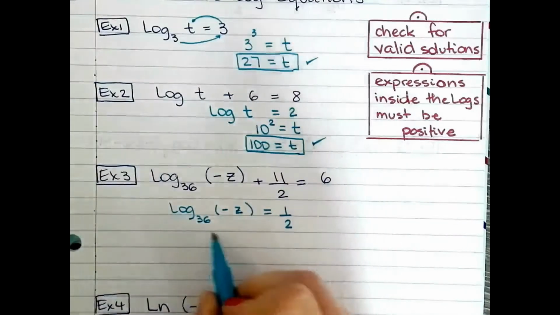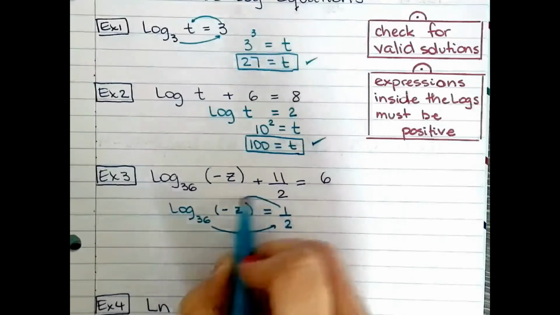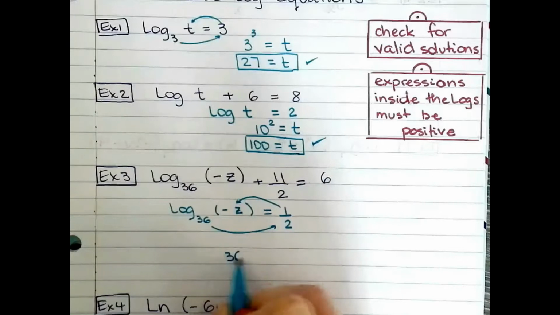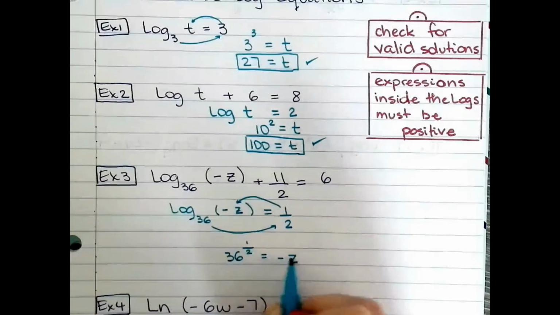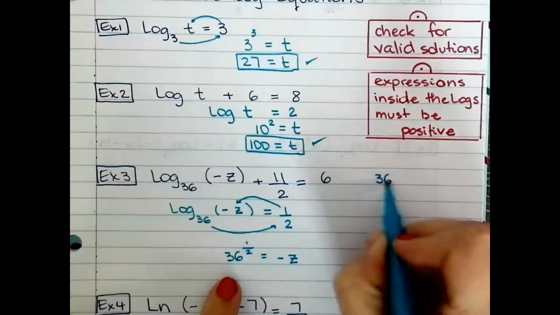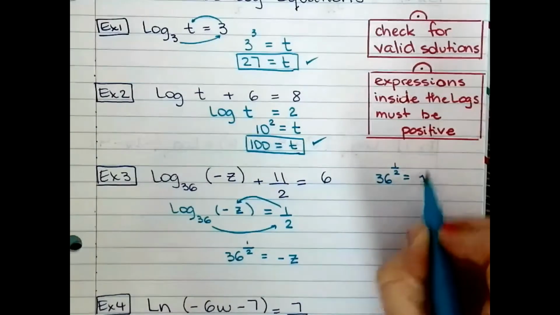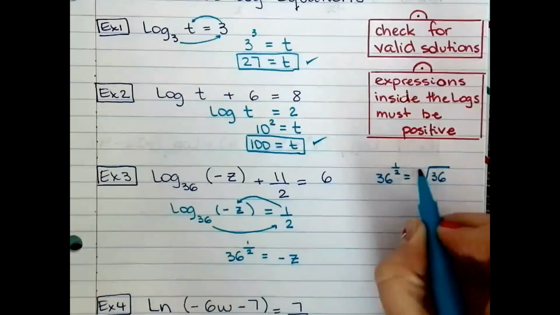Now you rewrite: 36 to the power of 1/2 equals the argument. And remember, the rational exponent, you can switch it back into the radical form. The denominator is the index.